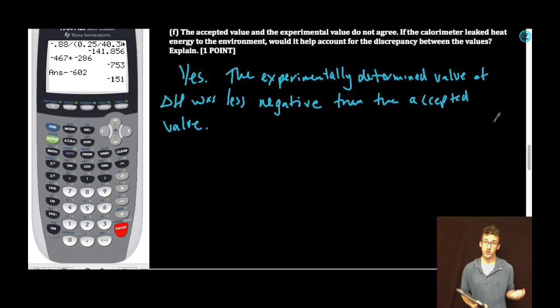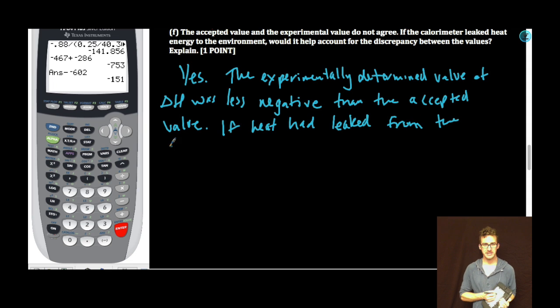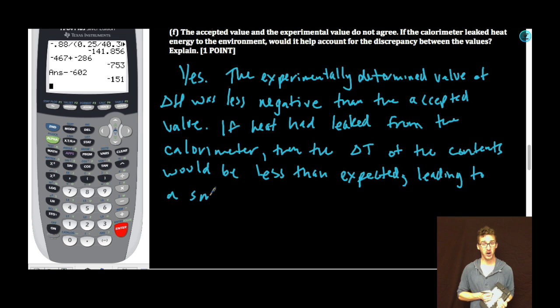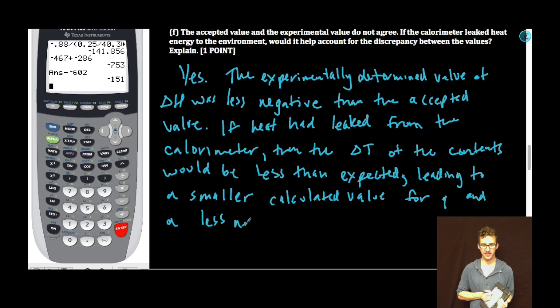In other words, we would have expected a greater amount of heat to be released. If heat had leaked from the calorimeter, then the delta T of the contents would be less than expected, leading to a smaller calculated value for Q and a less negative value for delta H.